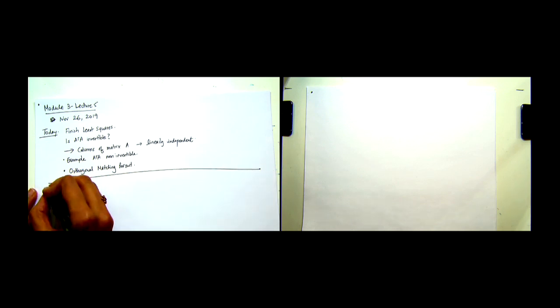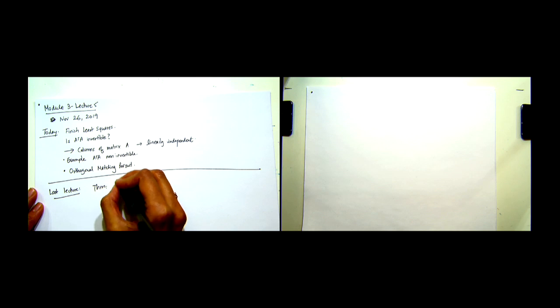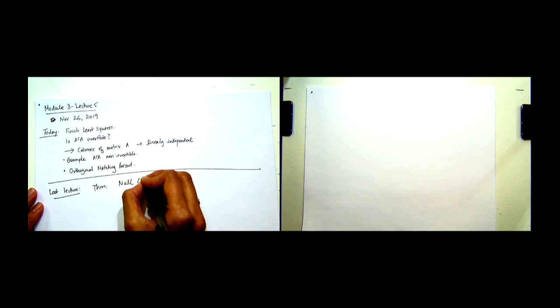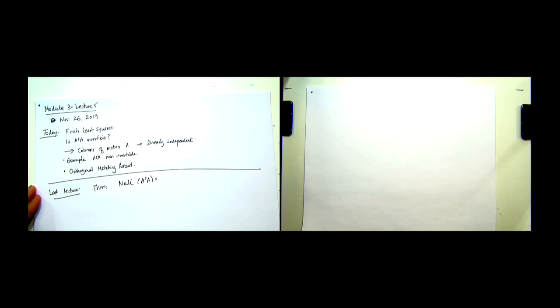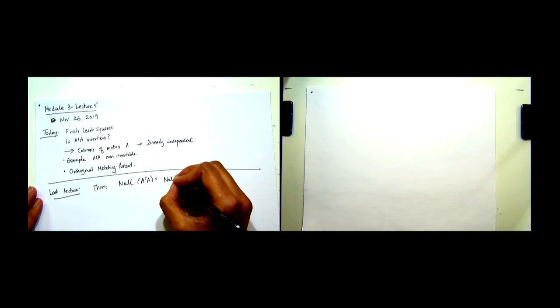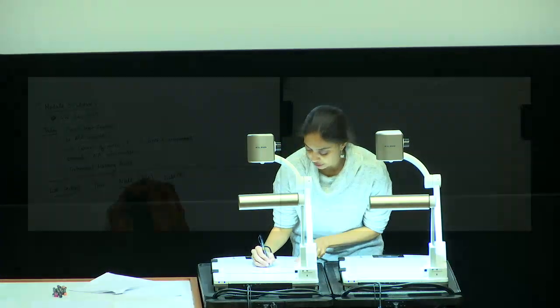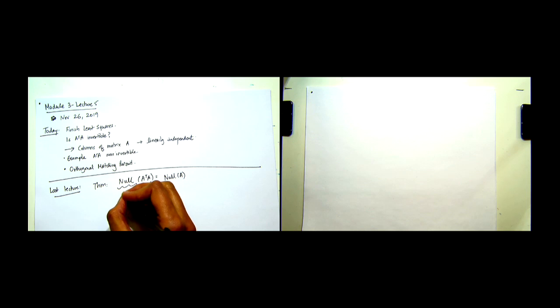So last lecture, we proved the following theorem. We said that the null space of A transpose A is equal to the null space of A. We want to understand the null space of A transpose A because it is basically telling us about the invertibility of A transpose A, right?